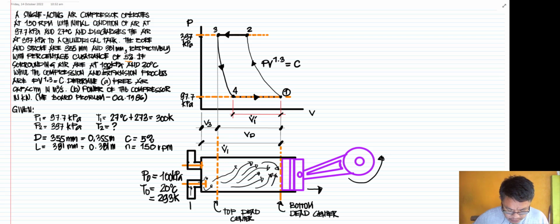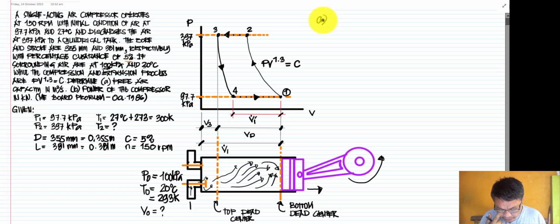Now we're looking for the free air capacity in cubic meter per second. When you say free air, that is the air free outside of the compressor. We're looking for your V sub 0, which is the volume outside before it enters the compressor. So that is what we are looking for in letter A. When you say free, it is usually circulating outside, which eventually enters our compressor.